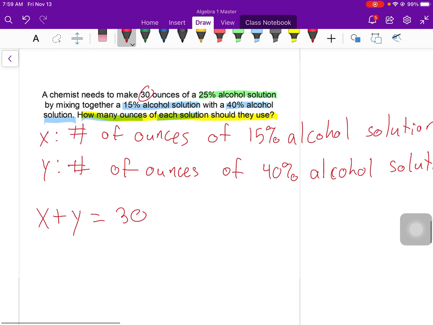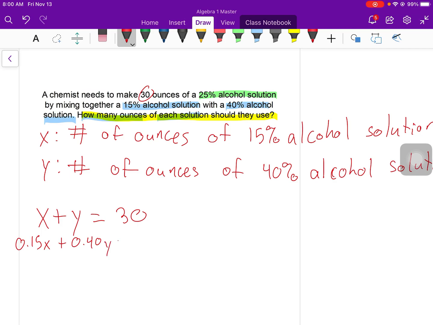This next one is the one that's going to throw some of us for a loop. For all of these, we've been taking the value or the cost of each type of variable and multiplying it by the number of ounces or the number of objects, the number of whatever, right? So I'm going to take 15% times the number of ounces of the 15% alcohol solution. 15% is 0.15 times I have X number of ounces of that, plus same thing with y.